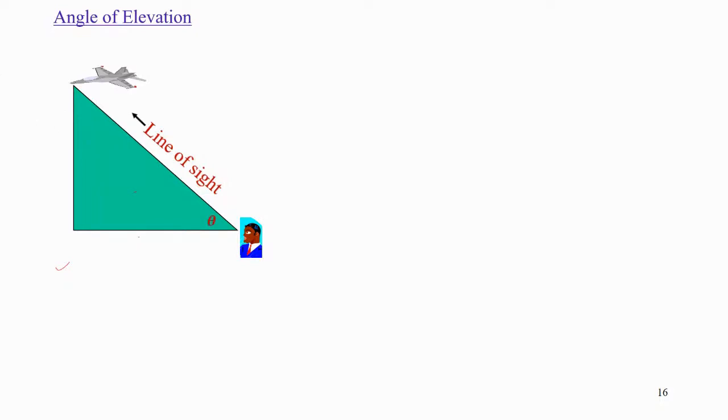And then the angle made with the horizontal line and the line of sight, I've named it as theta. And here we have the angle of elevation. So theta is the angle of elevation. His line of sight and the horizontal line, the angle made is the angle of elevation.